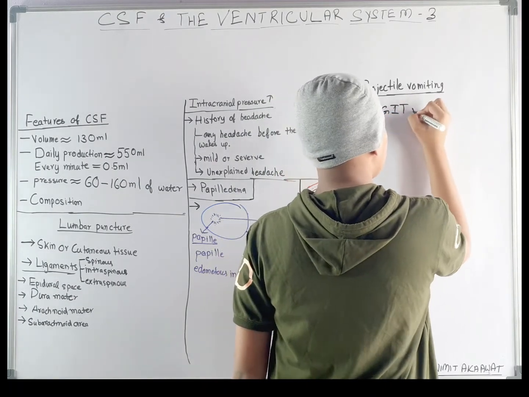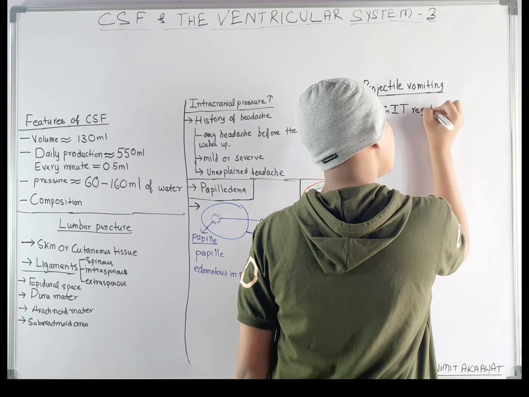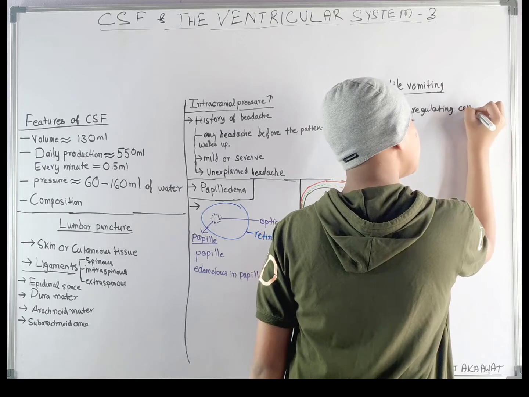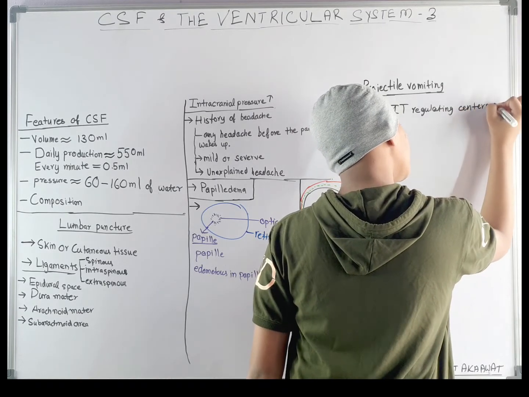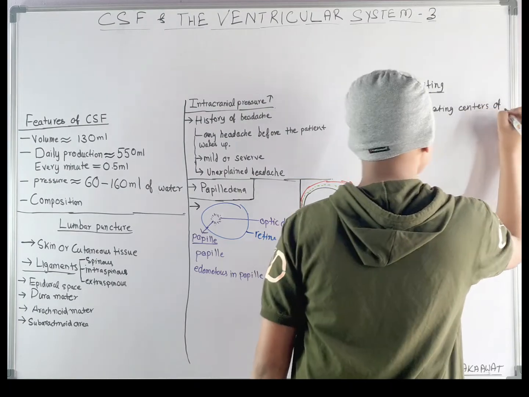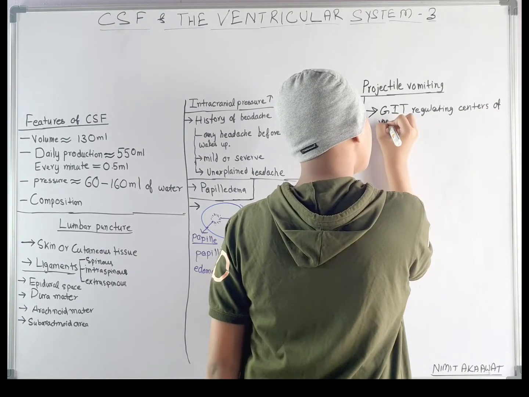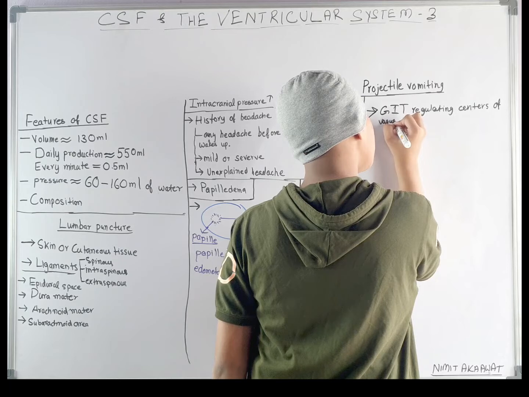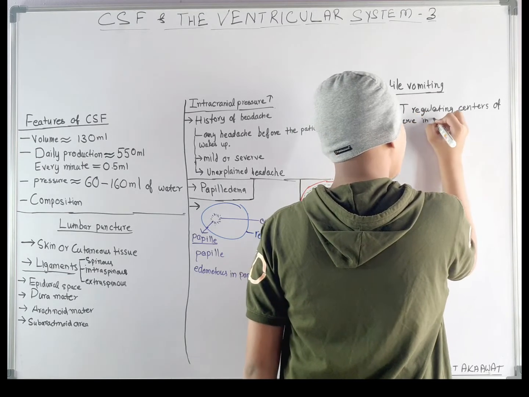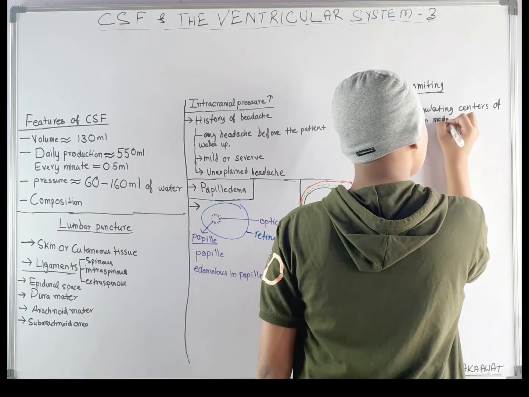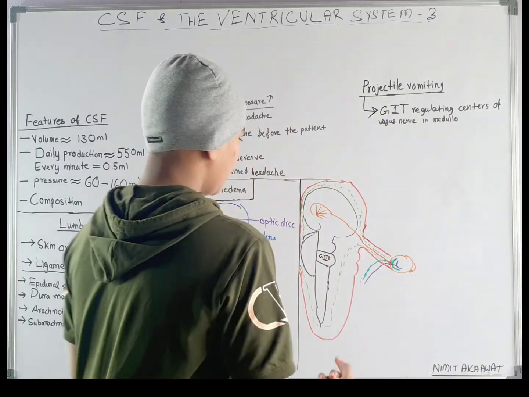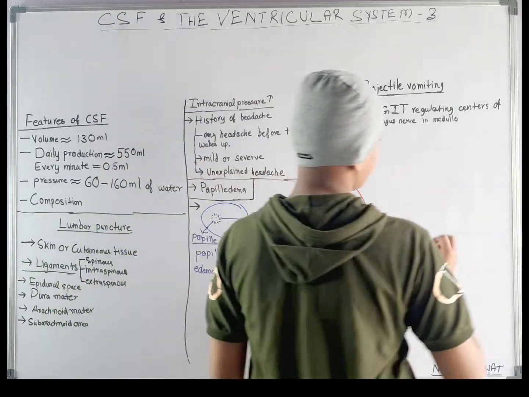Gastrointestinal tract regulating centers of the vagus nerve in the medulla are disturbed because of high intracranial pressure.